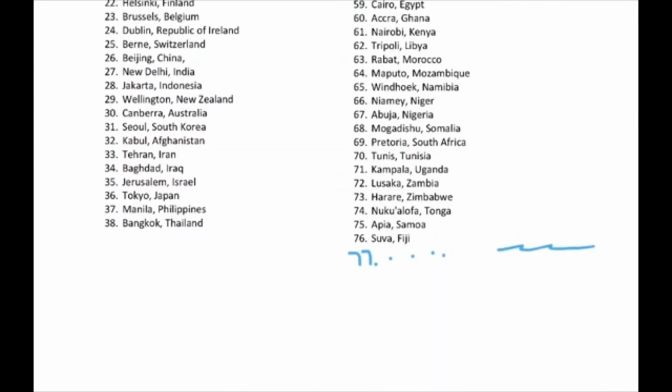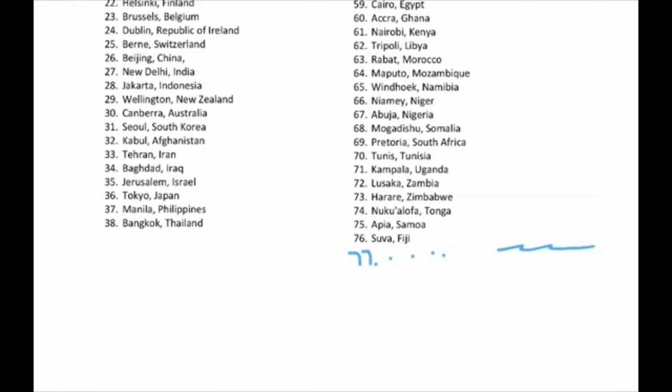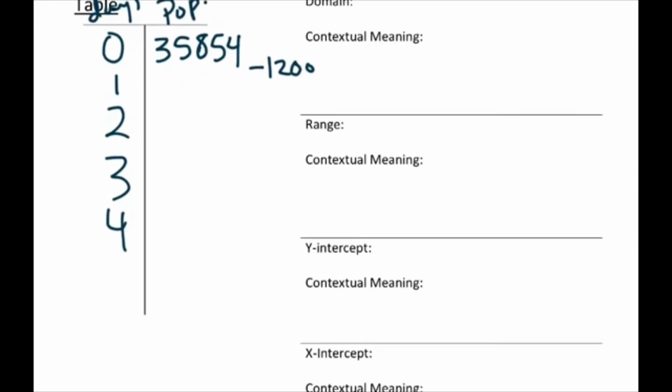Now, what's happening? It says we're getting 1,200 people out of the city every day. So what is happening to my population? Well, we're losing 1,200 people every day. So I want to fill it out probably about to the same place. So I'm going to subtract those.